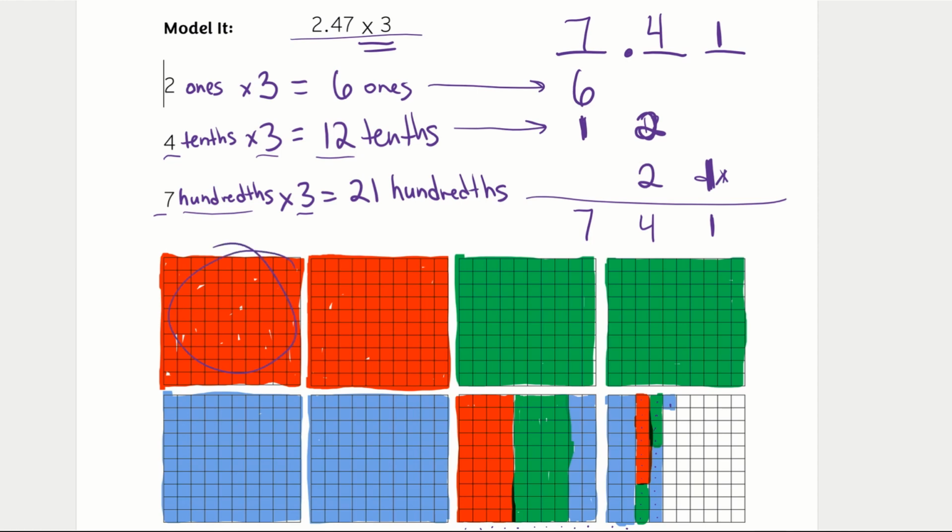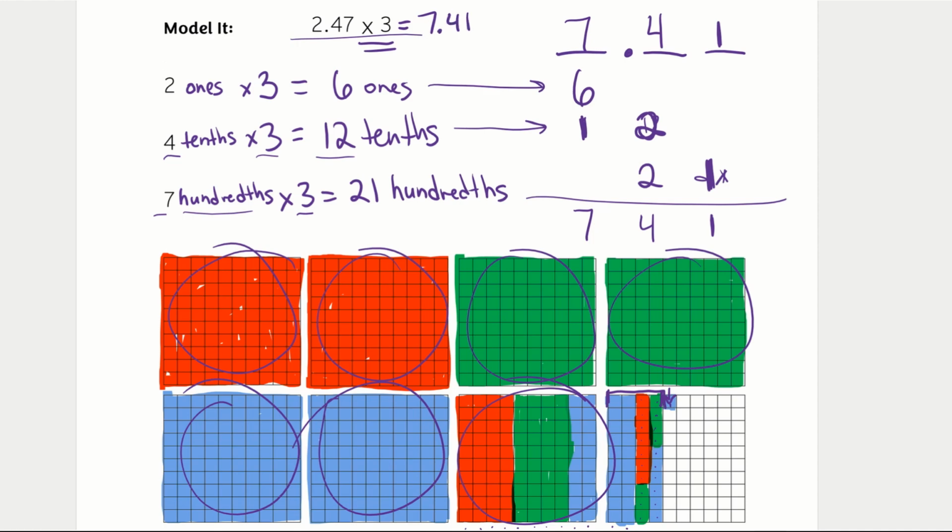I have 1, 2, 3, 4, 5, 6, 7 whole numbers filled in. I have 4 tenths filled in, and here is my 1 in the hundredths place. So 2 and 47 hundredths times 3 gives me 7 and 41 hundredths.